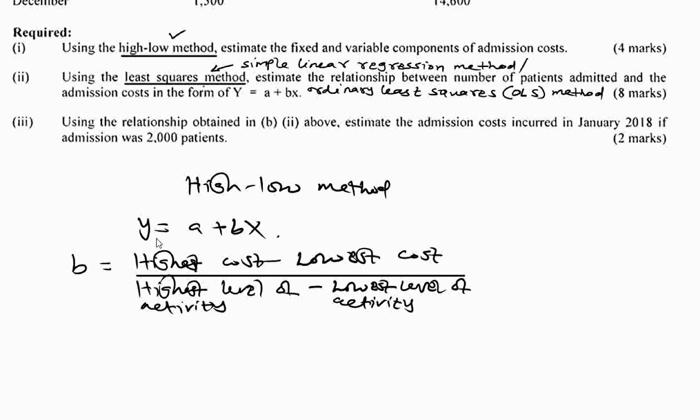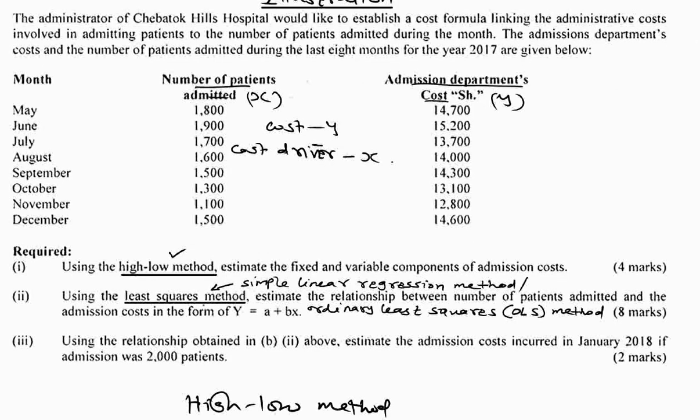Let us identify the highest and lowest pairs of data. When identifying highest and lowest, you identify based on X, not based on Y, that is based on the lowest level of activity. Why? Sometimes you may find that, let's assume we have X and we have Y, X, maybe the lowest being 1,000 and Y is maybe 300,000.